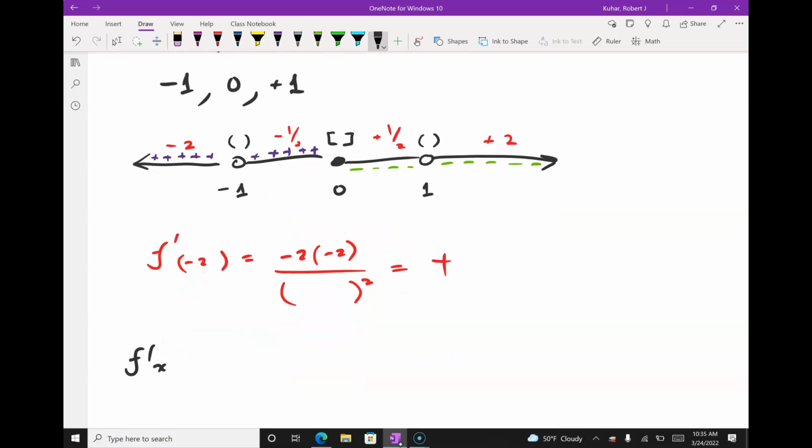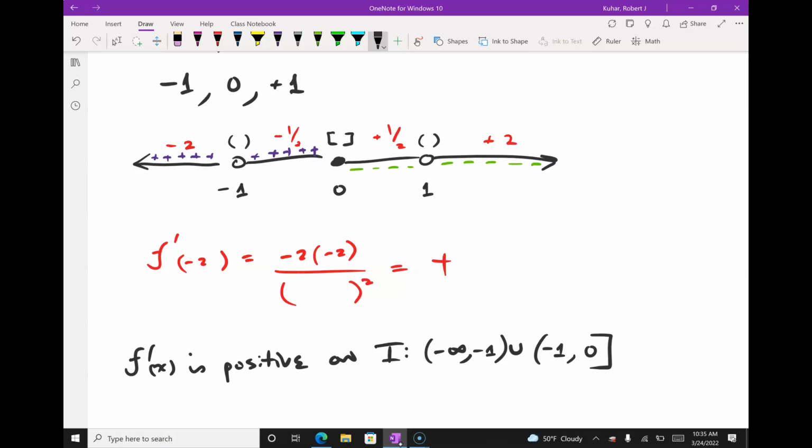So f prime of x is positive on the interval I, which is from -infinity to -1, union -1 to 0. Notice I'm using those parenthesis pieces there.